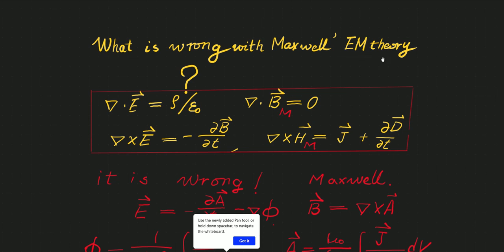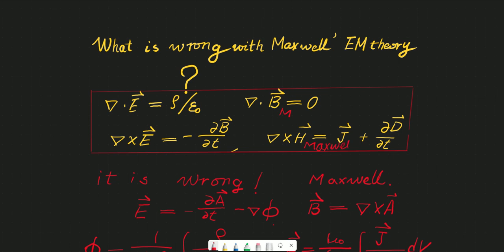Here are Maxwell equations. We can see these Maxwell equations actually do not need any change. However, we must add a correction to the magnetic field B that Maxwell gave.